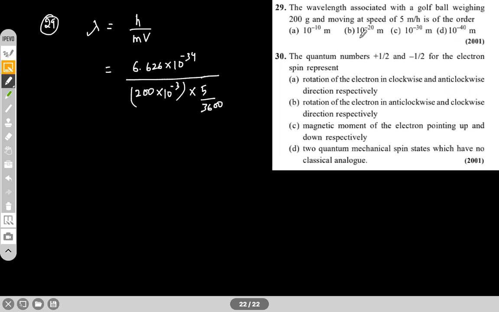Okay, just solve this and you'll get the answer. You have to find the order, so we can do this. Suppose we have 6.6 into 3600 into 10 to the power minus 34, divided by 1000 into 10 to the power minus 3.